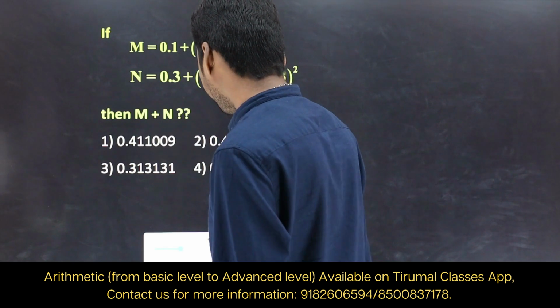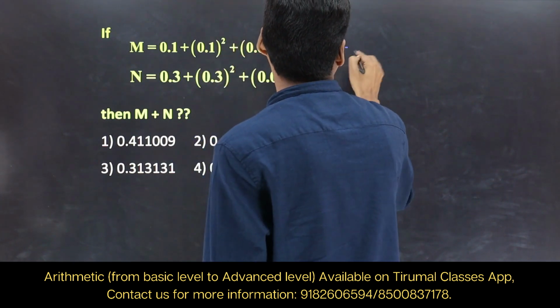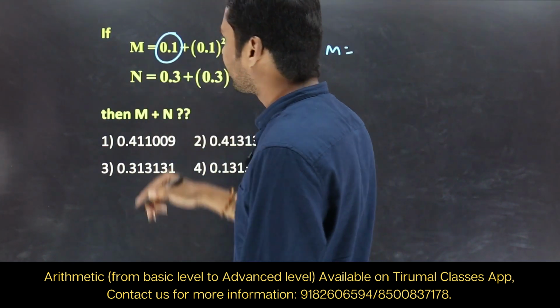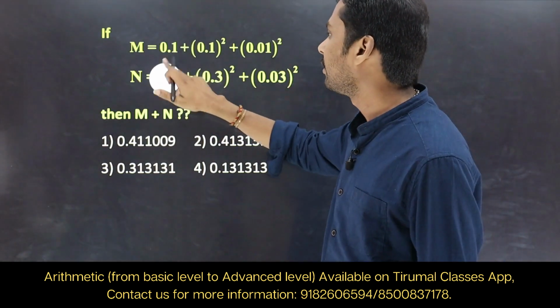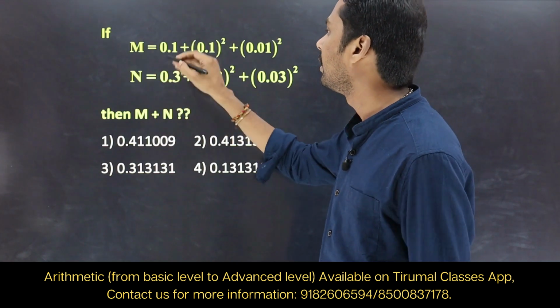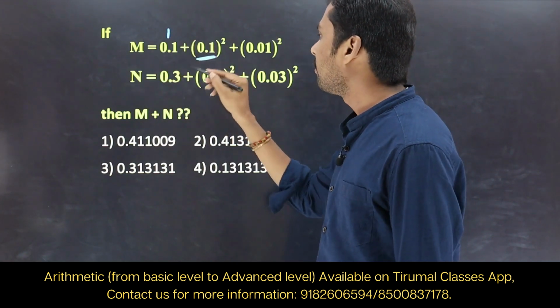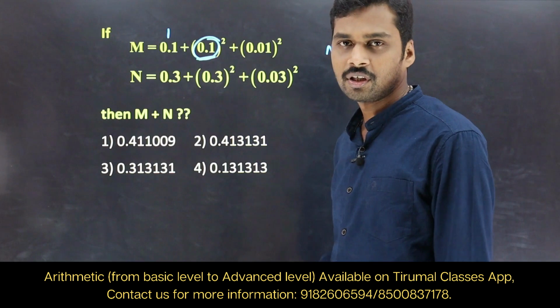If you take the m value, just directly take the DS value. There is no impact of decimal points on the DS, so I can directly take that. What is the DS value here? 0.1 means the DS value is 1. First take 0.1, which is 1 only.